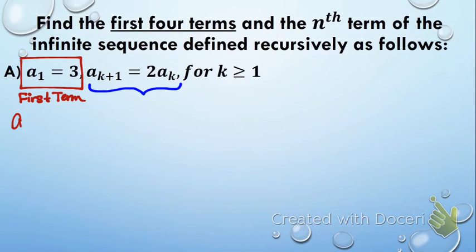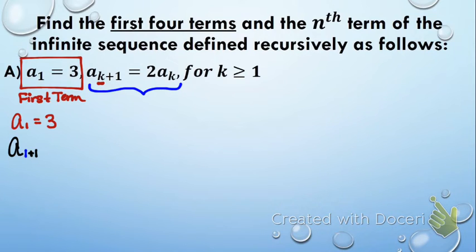So if I know that A1, the first term, is 3, if I wanted to find A1 plus 1, so all I did here was I took k and I put it in here.